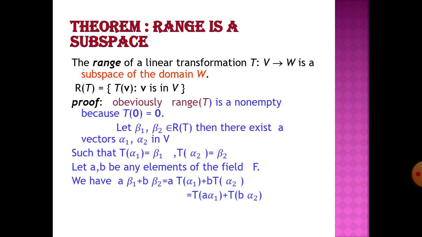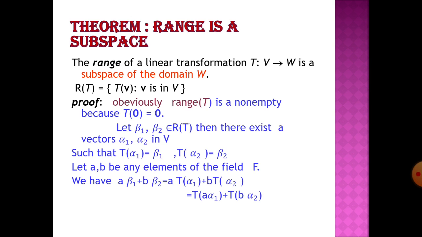The equivalent condition for R of T to be a subspace is that the addition and scalar multiplication stay in the range of T. So we take two elements from the range of T, beta 1 and beta 2. Then there exist vectors alpha 1, alpha 2 in V such that T of alpha 1 equals beta 1 and T of alpha 2 equals beta 2. This is the definition of R of T.